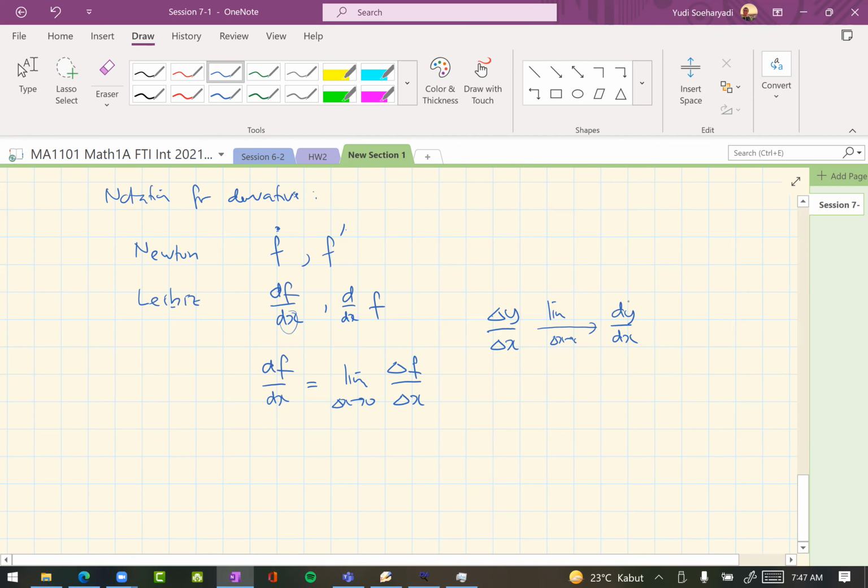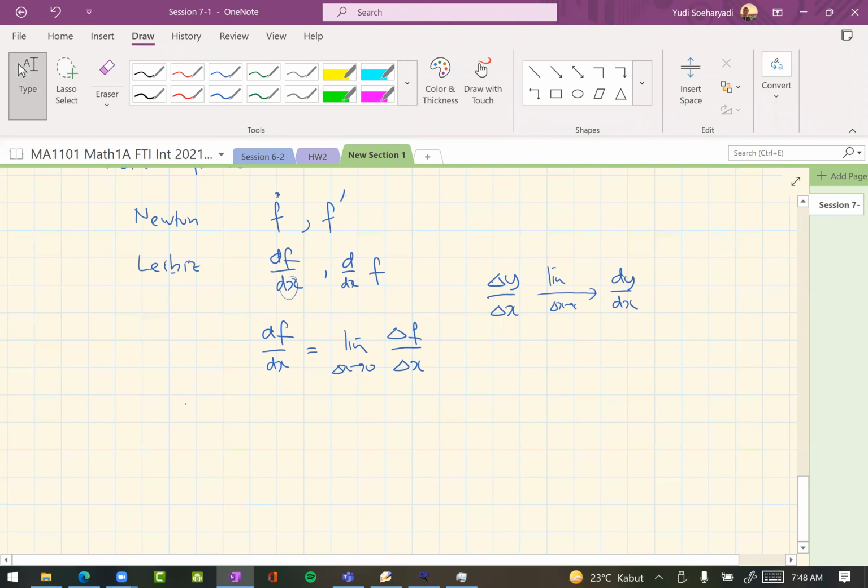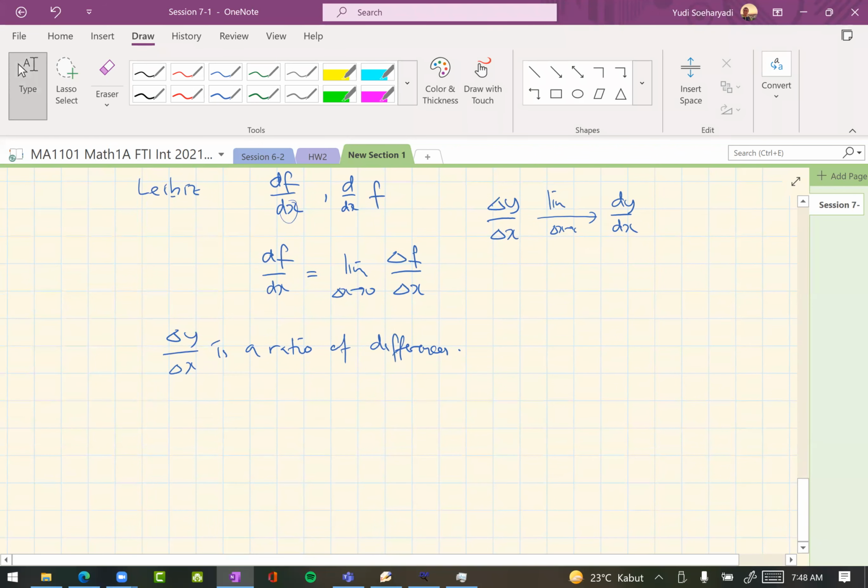The idea is that delta y over delta x is a ratio between the difference in y and the difference in x. It's a ratio of differences. But dy dx is not necessarily a ratio.